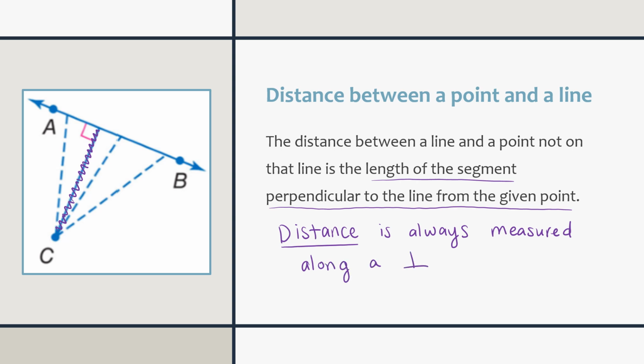Along a, here's our symbol for perpendicular line, and I'll put in parentheses, between objects. So between points, there's not really a way to say that those are perpendicular if it's just points, but between any other geometric objects, we're going to be looking for that perpendicular distance.